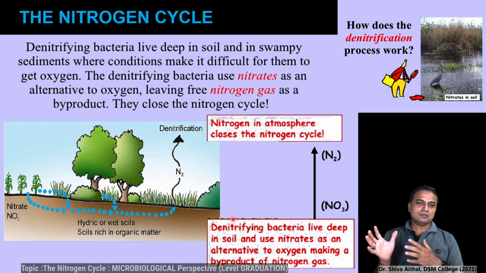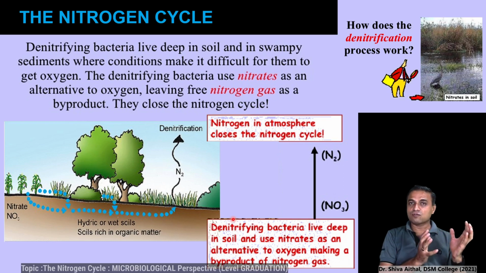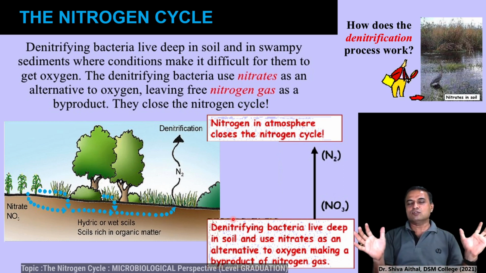They may be in the moist sediments, in waterlogged conditions, the swampy sediments, where conditions are very difficult for them to gain oxygen. These denitrifying bacteria use nitrates as an alternative to oxygen. They leave the free nitrogen gas as a byproduct, and they close the nitrogen cycle.